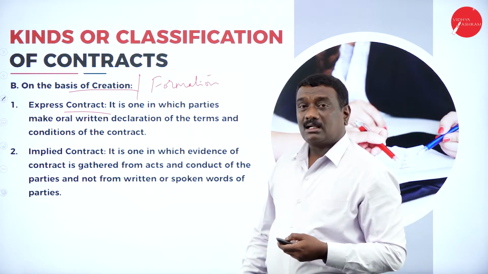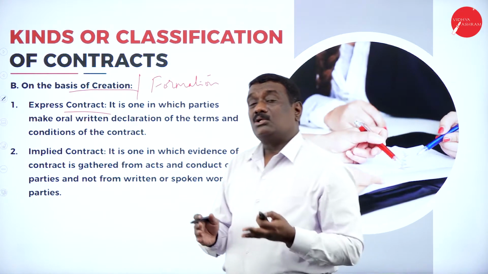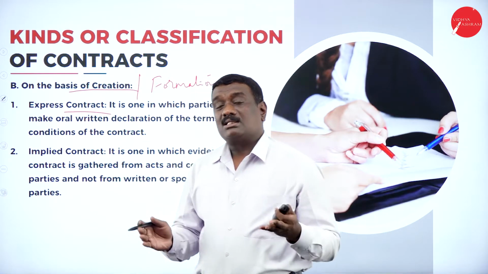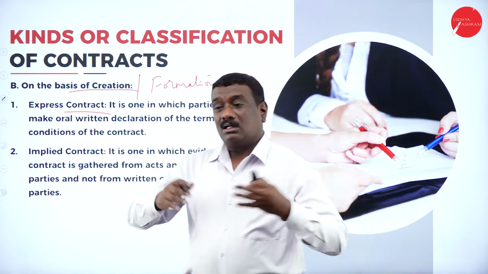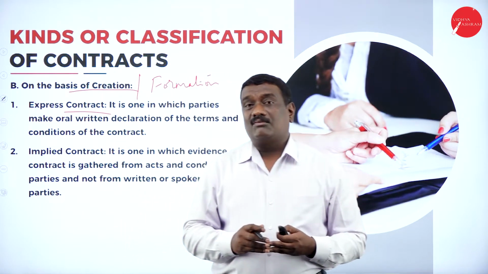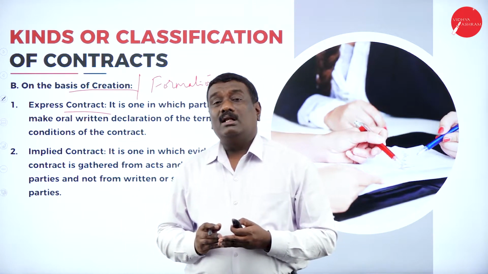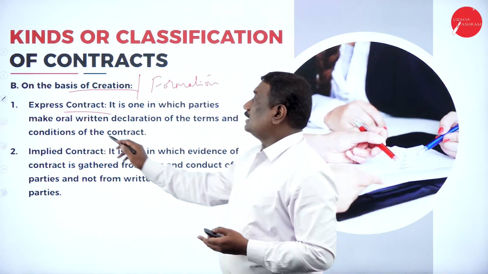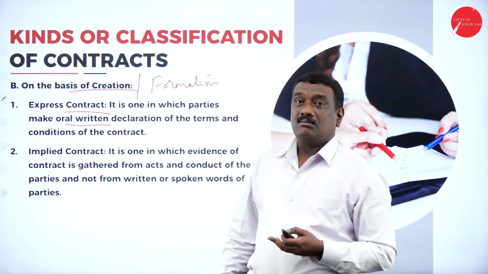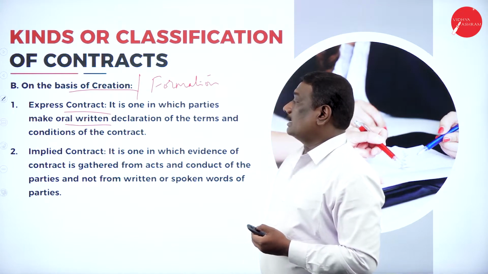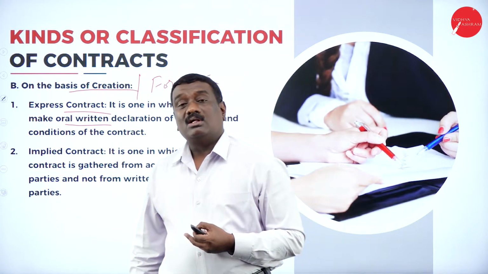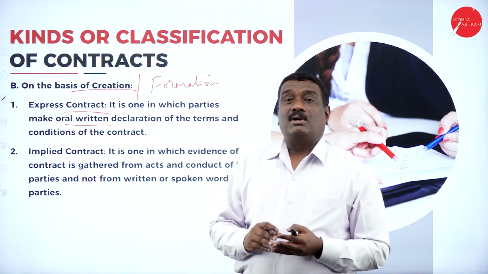Express contract is whatever agreement or contract you have made between both the parties, all those agreements will be expressed in writing, or it can be oral. The declaration of terms and conditions, what you agree upon, will be in that contract.